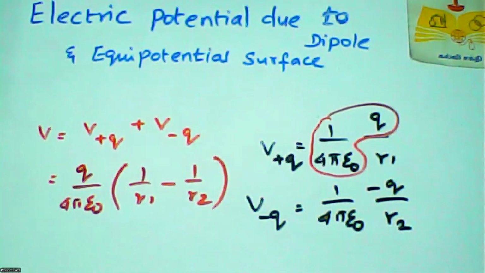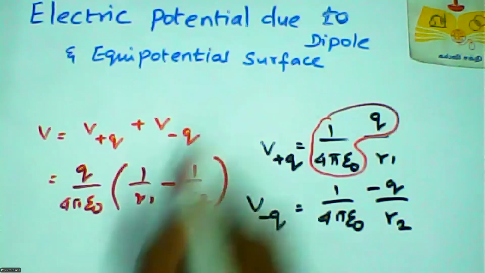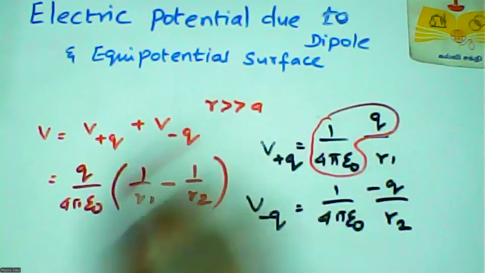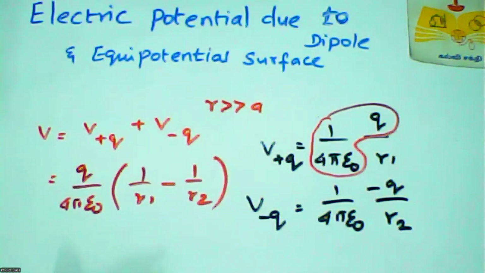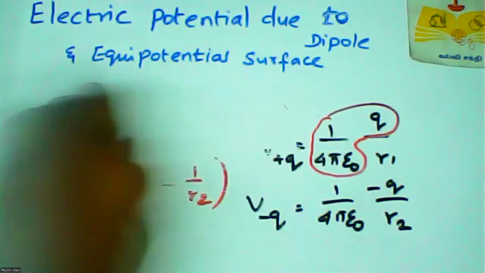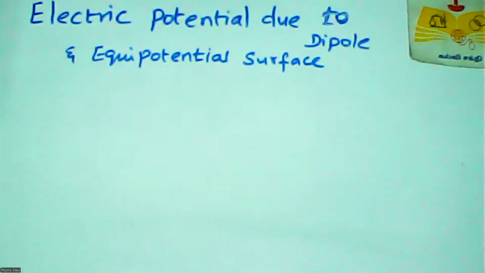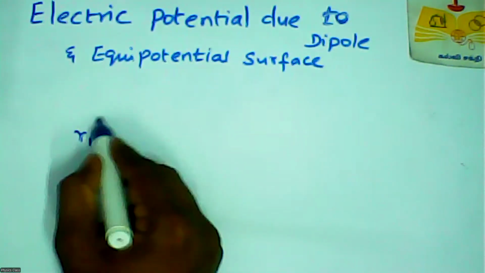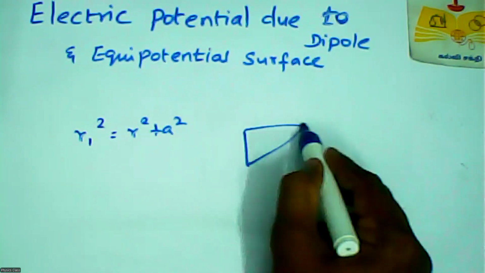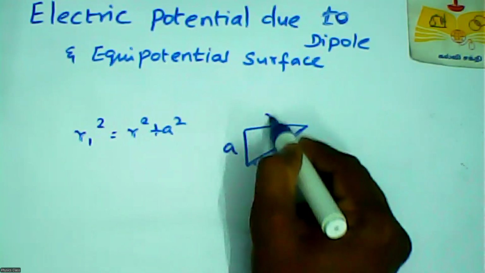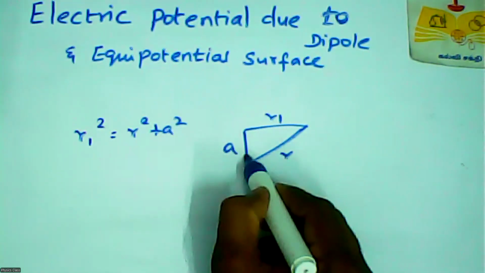Now by geometry, we can write R1 square equals R square plus A square minus 2AR cos theta, as well as R2 square equals R square plus A square plus 2AR cos theta. In this case, R is much greater than A. For example, this is R, this is A, this is R1, and this is theta.